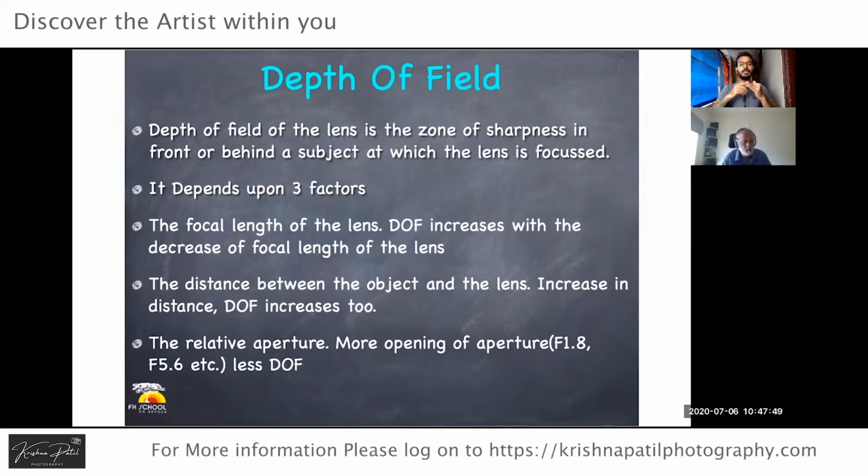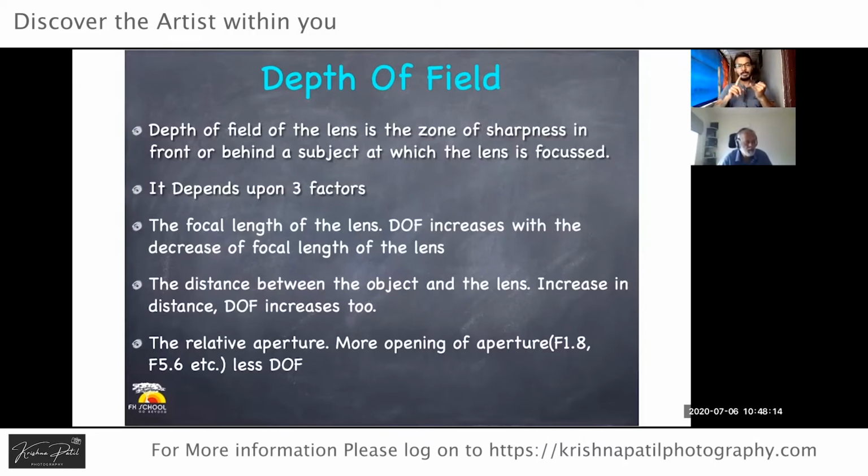Suppose I am shooting a portrait image, and my person is 2 feet away from my camera, so the distance between the subject and my camera is 2 feet. Or you capture an image of a chair, and your camera is placed 2.5 feet away from that chair.